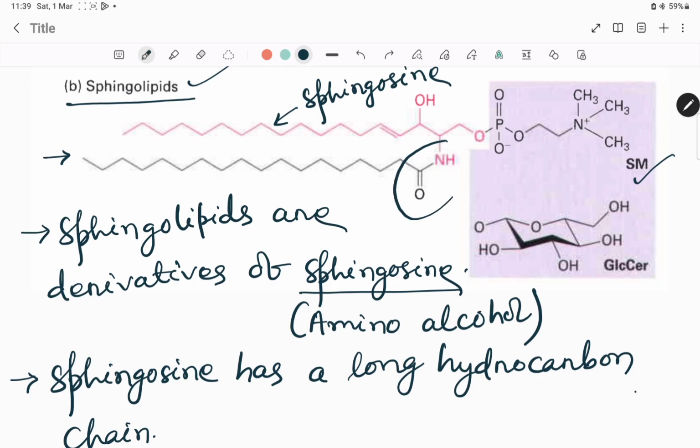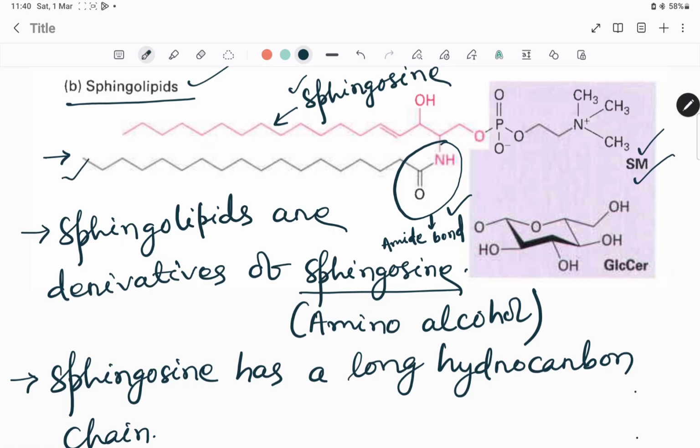This is the amide bond. This amide bond generally connects the sphingosine to the fatty acyl chain.